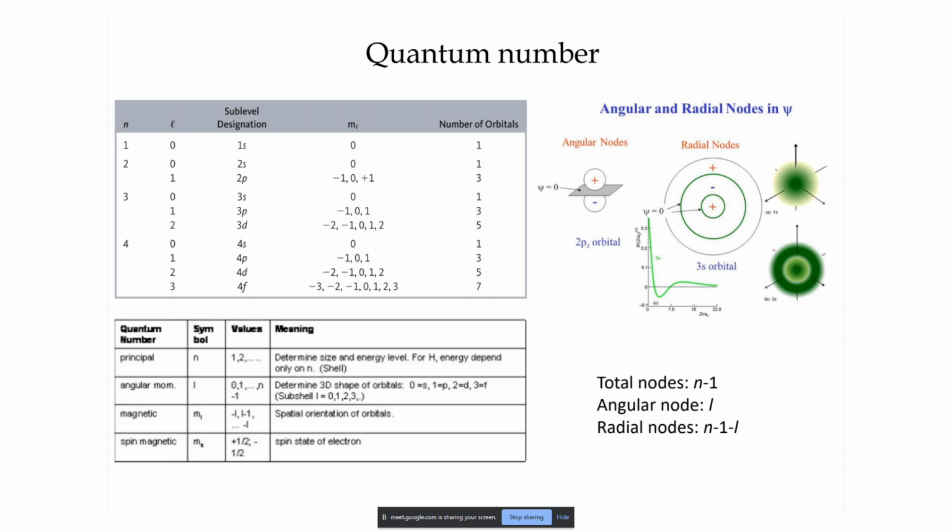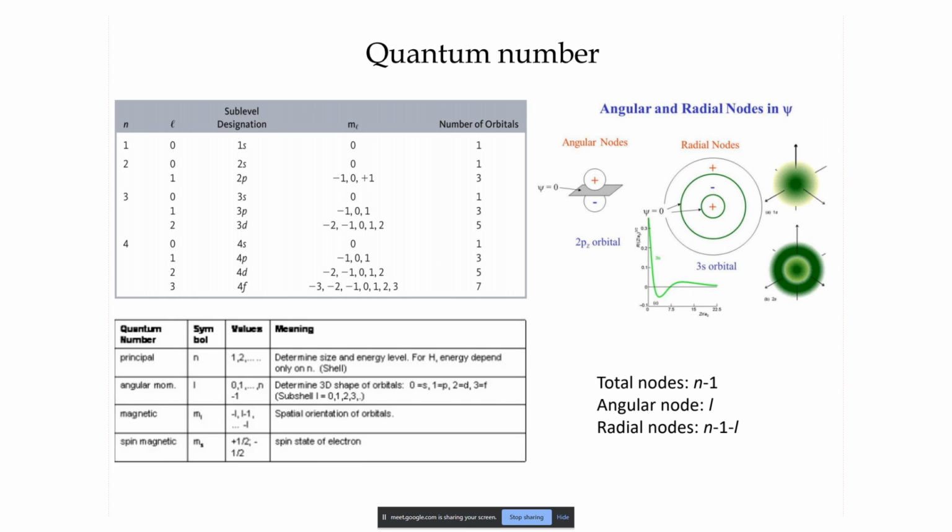The type of questions the chemistry Olympiad will typically test you on quantum numbers is they'll give you a set of quantum numbers. So they'll say n equals something, l equals something, ml equals something, and ms equals something. Actually, the last quantum number, the spin magnetic number, you can ignore.